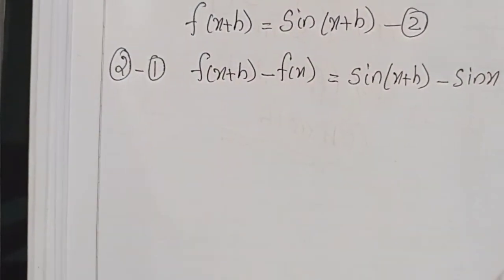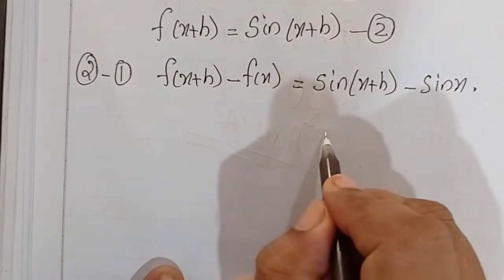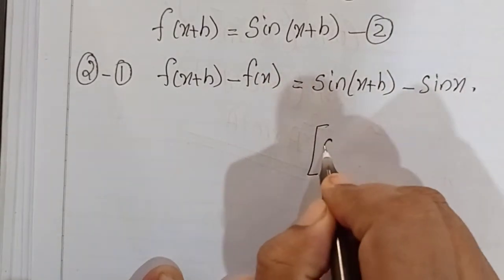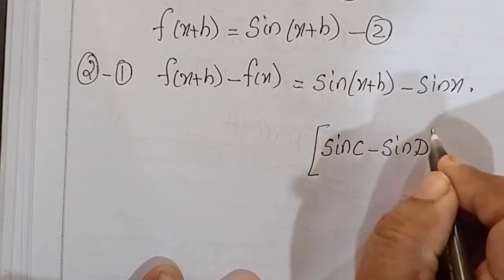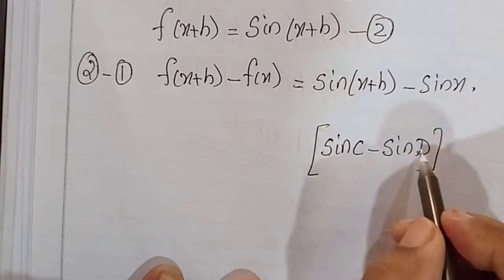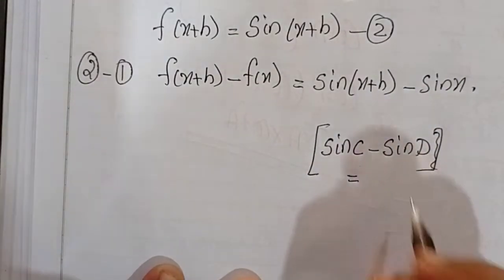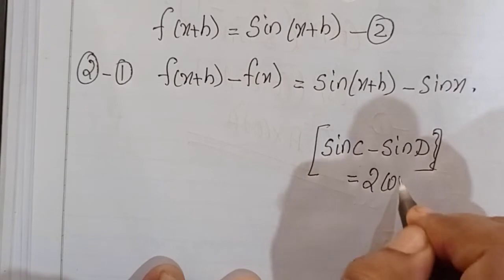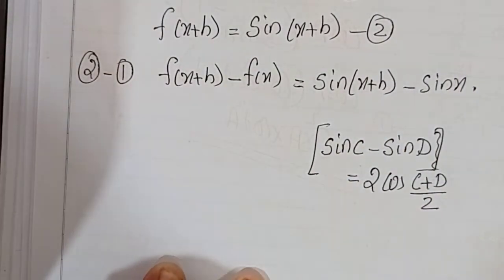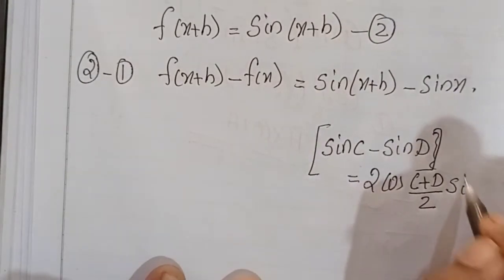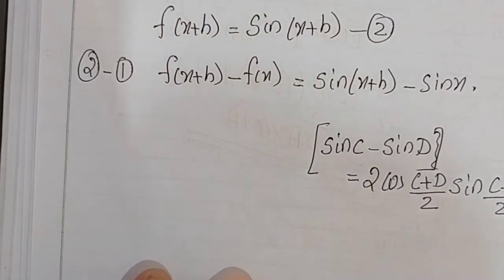Okay. Then, all of you look, write in the working column, sin C minus sin D, or sin x minus sin y. Sin C minus sin D is equal to 2 cos of (C plus D) by 2 sin of (C minus D) by 2. This is the formula.